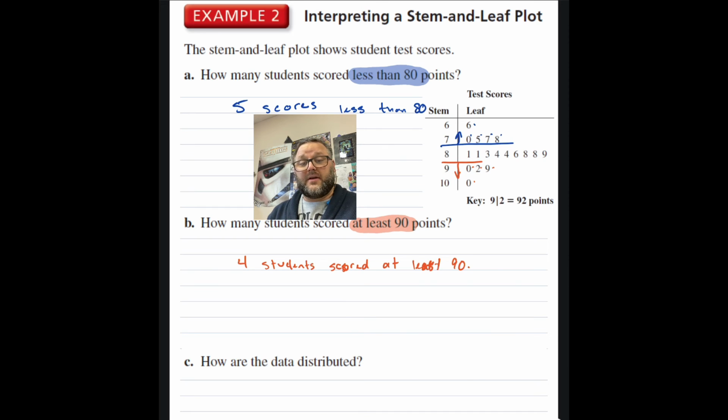So that's what I mean by they're evenly distributed. There's just about as many. You can be off by a couple. But what you're really looking for, if you want the advanced answer, is does it make a nice, even kind of curve there? If it does, and it's not leaning towards one side or another, then it's evenly distributed.